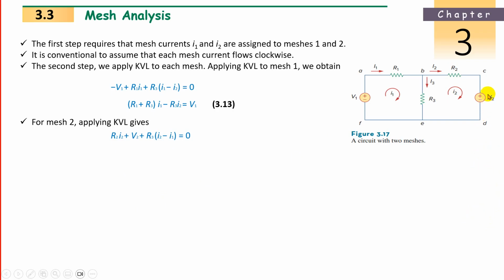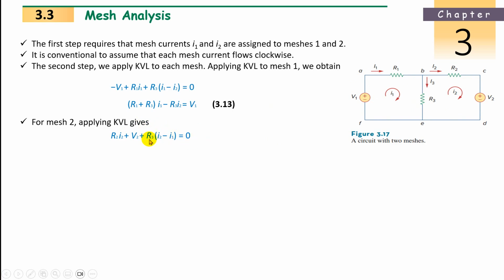In this V2, current is entering the plus. When current is entering the plus, it is plus V2. Here, minus V1, how? This I1 is leaving the plus, so minus. Here current is entering the plus, so it is plus V2. So move with this current only, go to R3; this direction is our reference. Then R3 is I2 minus I1, because I2 is our reference, I2 entering the resistance, so I2 minus I1 times R3.